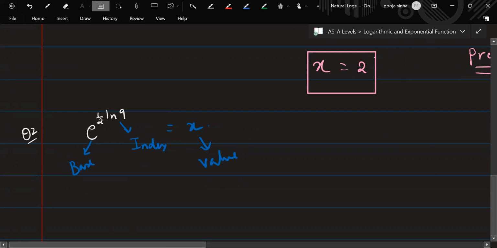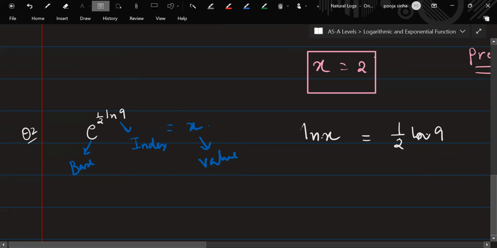ln x is equal to 1/2 ln 9. So log to the base e of x is equal to 1/2 ln 9. क्वेश्चन में ln दिया है log 9, right?